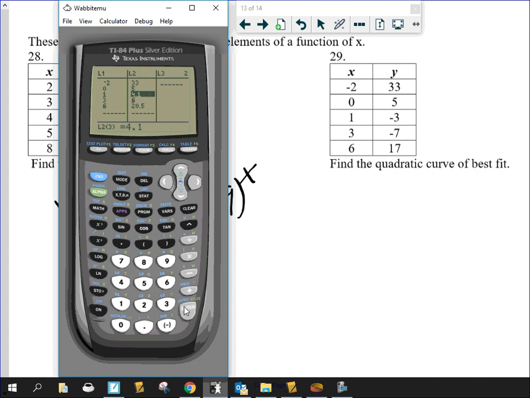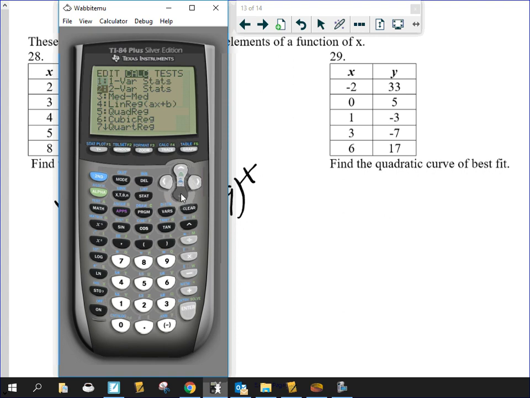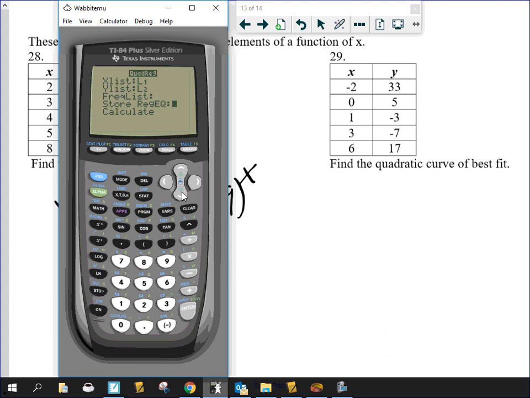I'm just typing in the data into our calculator. And then stat. If we wanted to see the data, it looks like this. And then if we want to calculate, we just go to Stat Calc, and we do quadratic regression. And we calculate.